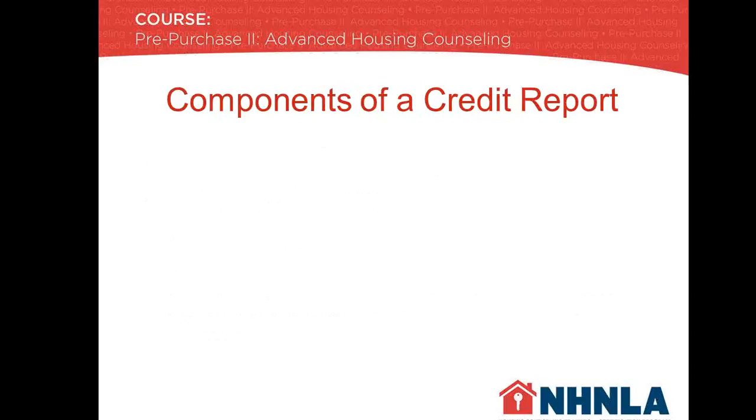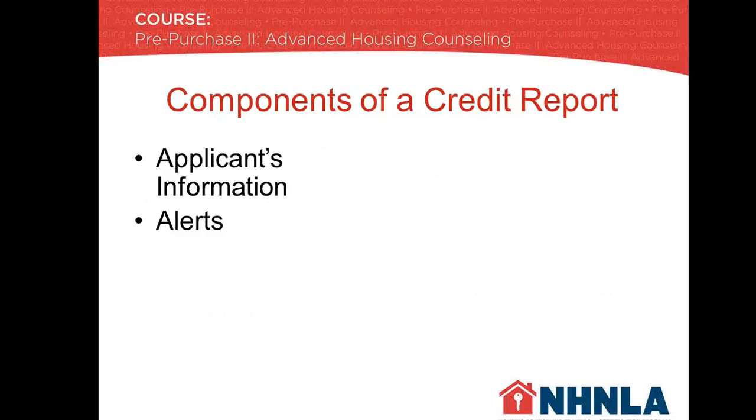We'll walk quickly through this slide containing the components of a credit report, as you are already familiar with these components, including the applicant information, any alerts on the credit file, public information such as judgments and liens and bankruptcies, anything that requires a court hearing.